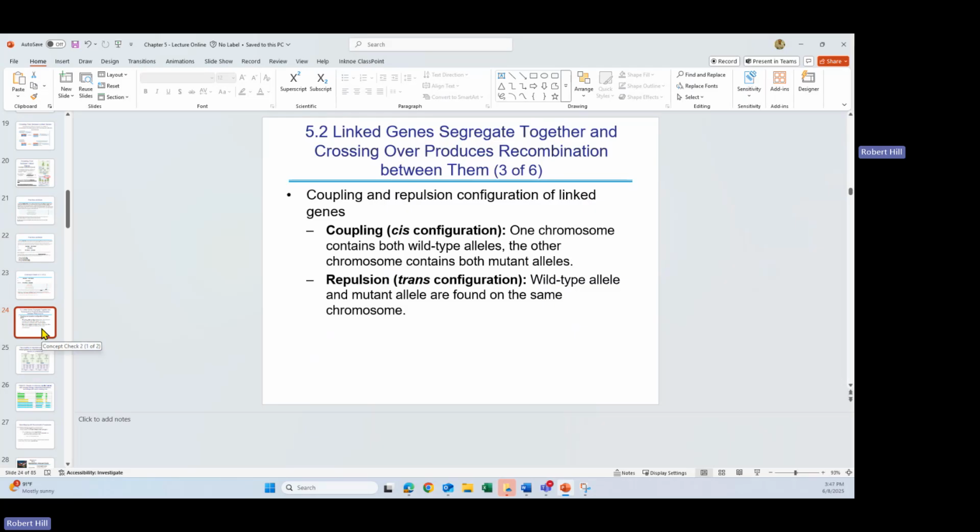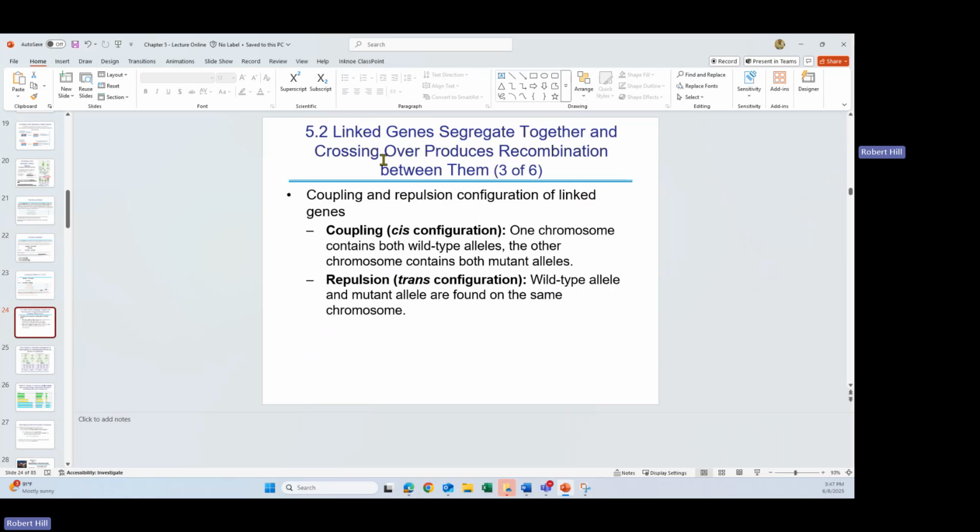I'm going to take a break here in a sec. But there's just one little variation we want to throw on top of it. And that is that when linked genes segregate together and crossing over produces recombination between them, the genes can exist in two different orientations.